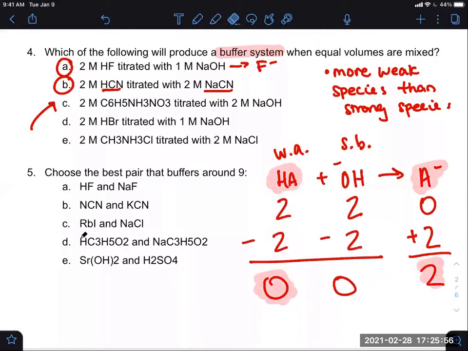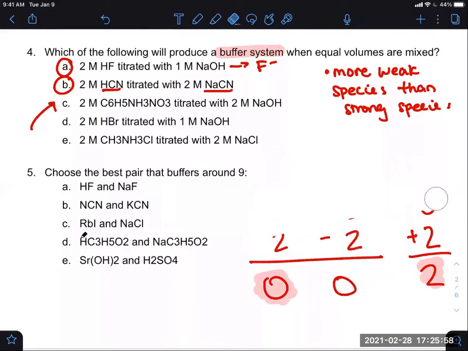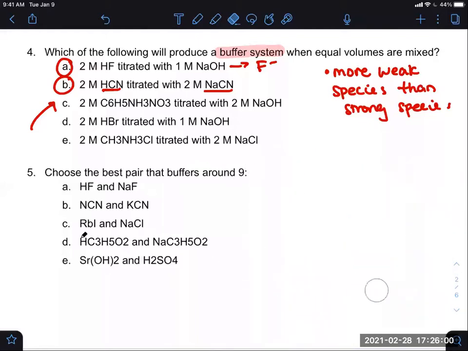Okay, so then why is B correct? Let's write that out. Because HCN is not going to react with NaCN, that's why. So NaCN, I'm going to simplify, just CN minus, right?